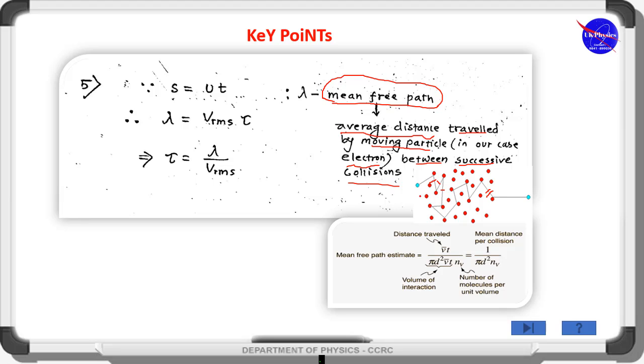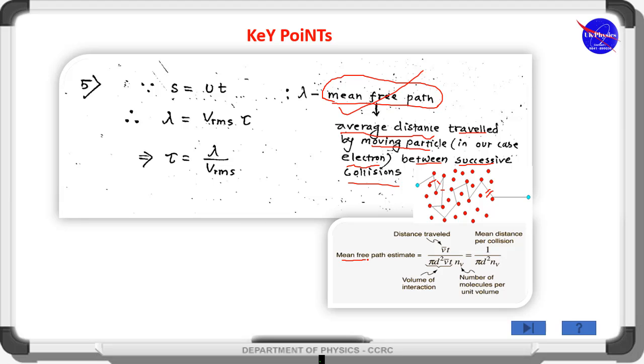If we add all the distances and divide by the number of them, then we finally get a single value of the distance between two successive collisions. So this is of course an average distance, and this average distance is called the mean free path.